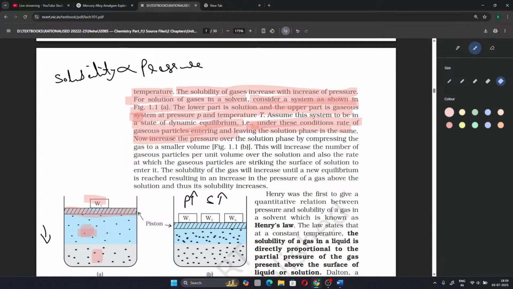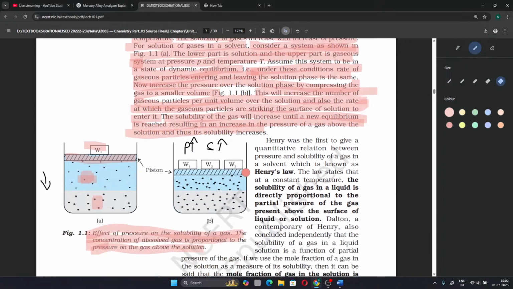Now increase the pressure over the solution phase by compressing this gas to a smaller volume. This will increase the number of gaseous particles per unit volume of the solution and also the rate at which the gaseous particles strike the surface of the solution to enter it. The solubility of the gas will increase until a new equilibrium is reached, resulting in an increase in the pressure of gas above the solution, and thus its solubility increases.